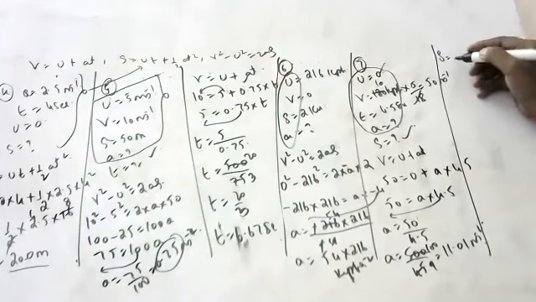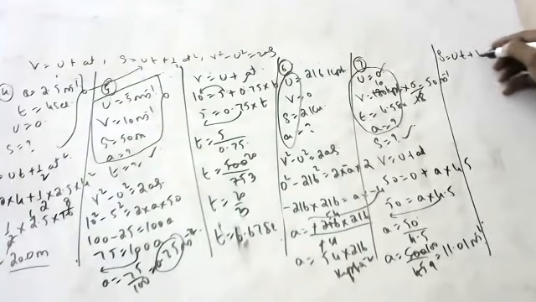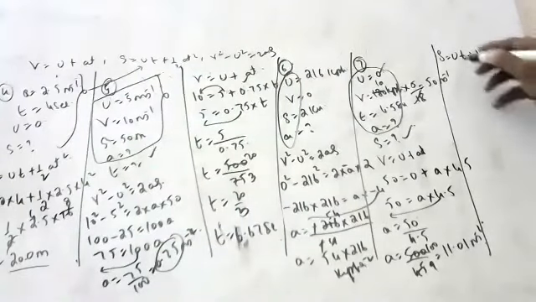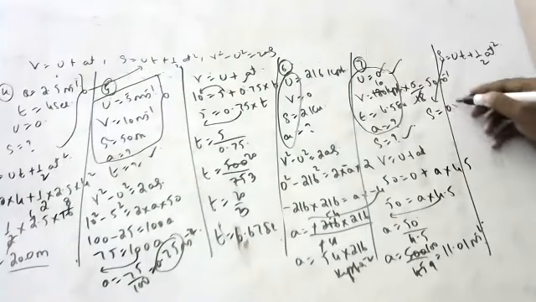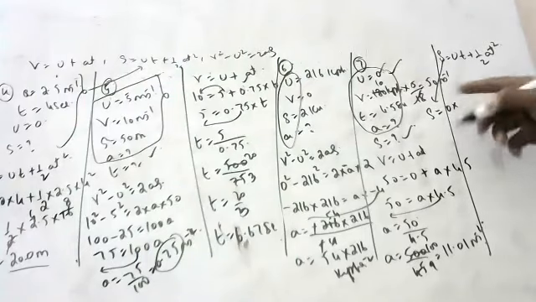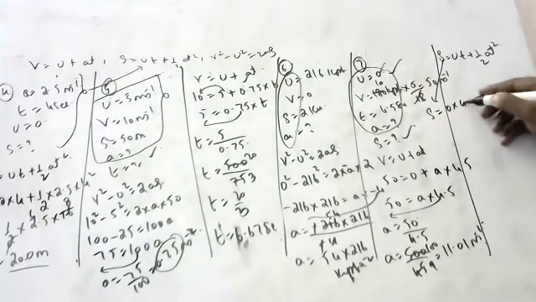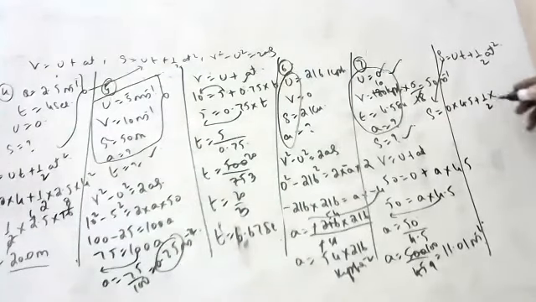S is equal to ut plus half at square. S is equals to 0 into 4.5 plus half into 500 by 45 into 4.5 square.